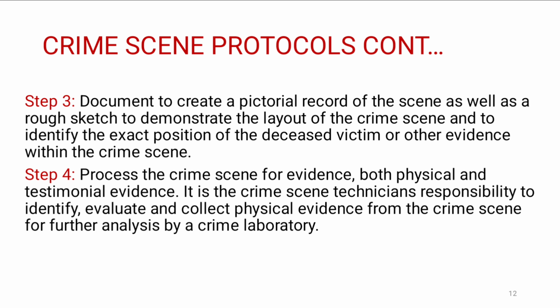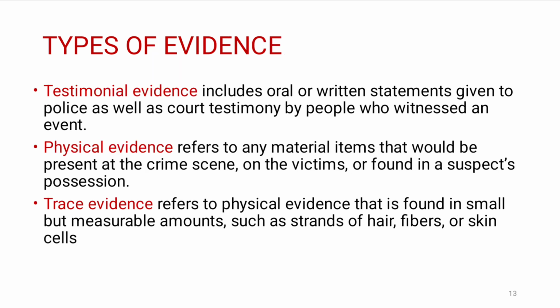It is the crime scene technician's responsibility to identify, evaluate, and collect physical evidence from the crime scene for further analysis by the crime laboratory. Sometimes you may not have the crime scene technician. You have got to learn how to do this yourself so that you have sufficient evidence.